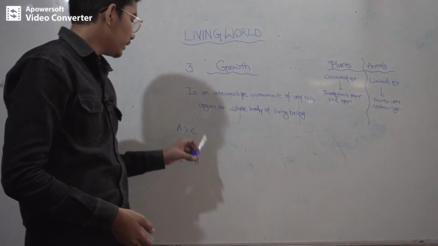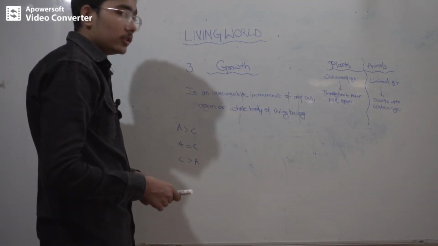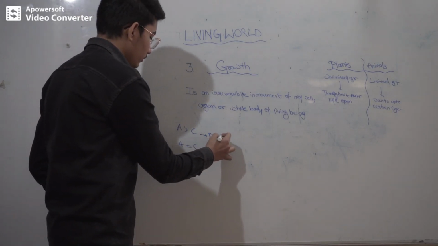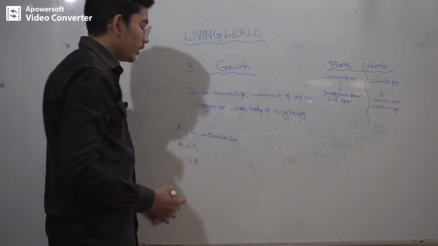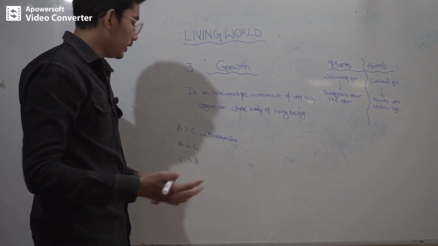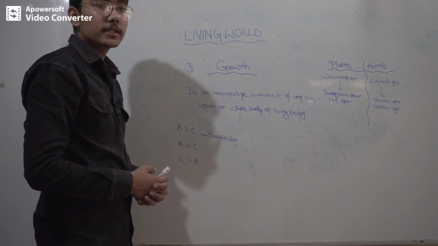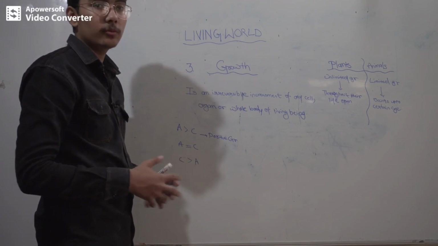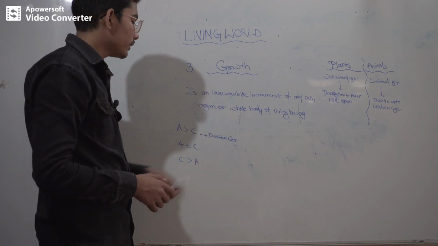So here the synthesizing is more than breakdown, that's why there is positive growth. If the synthesizing reactions are occurring more than the breakdown reactions, then any organism can show positive growth.